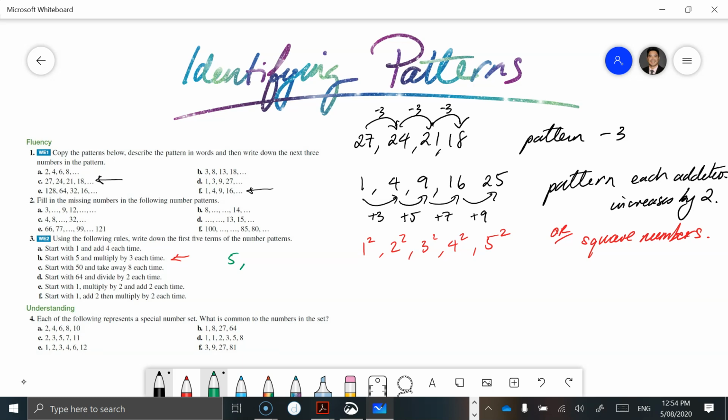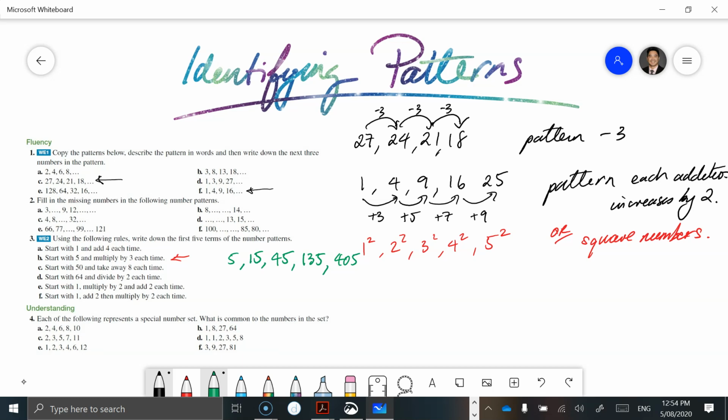So 5 times 3 is 15. 15 times 3 is 45. 45 times 3 is 135. And then 135 times 3 is going to be 405. Okay, so that's just following the rule.